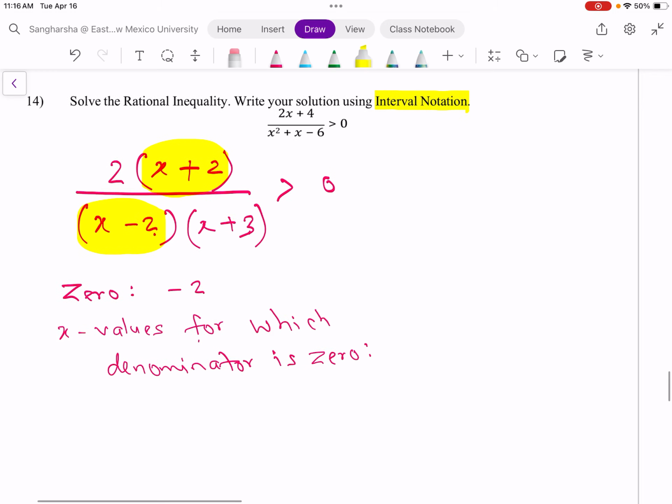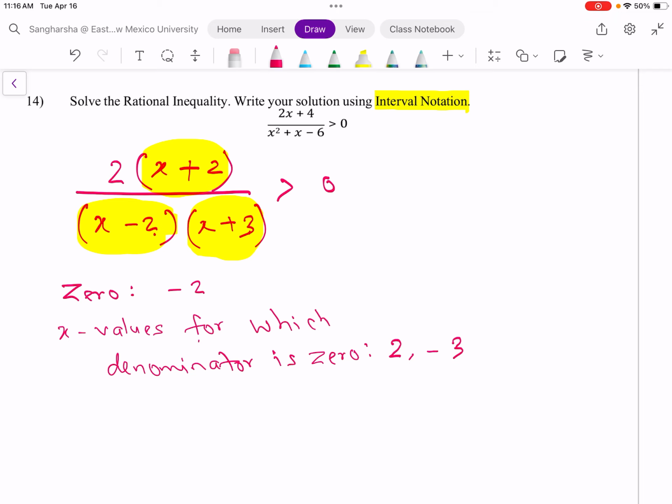So this factor is 0 when x is equal to 2, right? So when you choose x equals 2, your denominator is 0. Similarly, what do we need to choose so that this factor is 0? Negative 3, right? So when you choose x equals negative 3, your denominator is equal to 0.